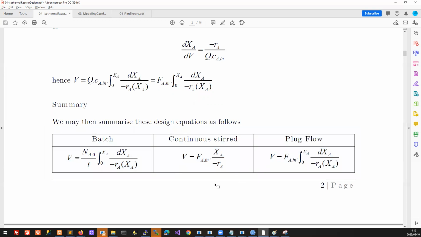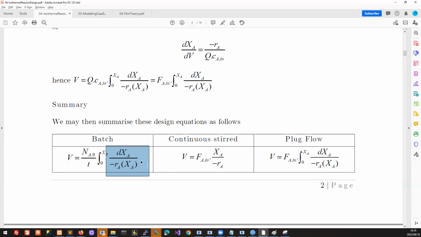Now, the Levenspiel plot comes from looking at these equations and saying, we seem to have here a reaction rate and a conversion. And we know the reaction rates are functions of conversion themselves. So why don't we try plotting 1 over RA against XA, right?